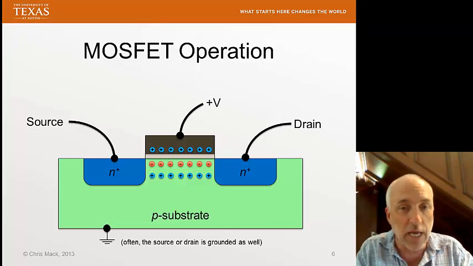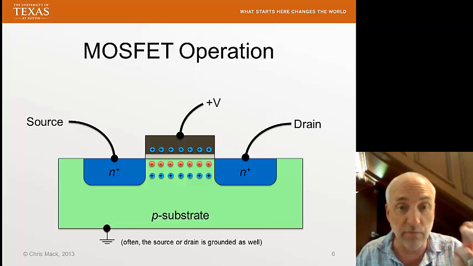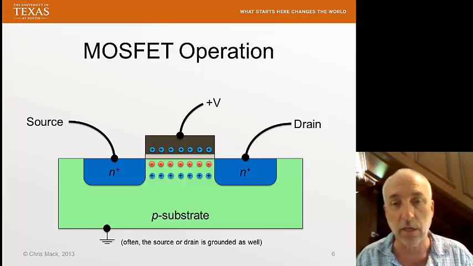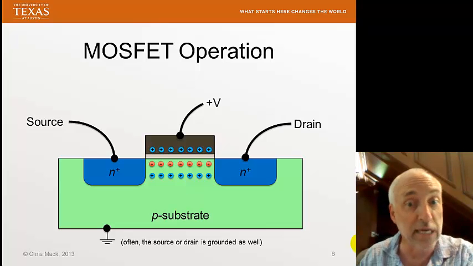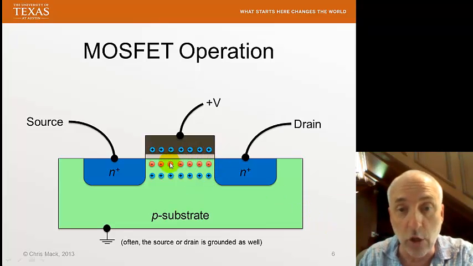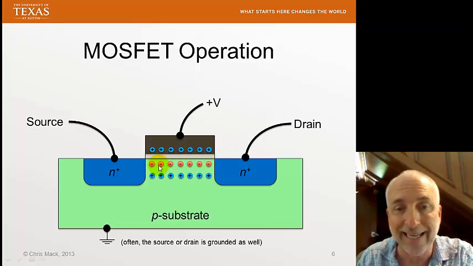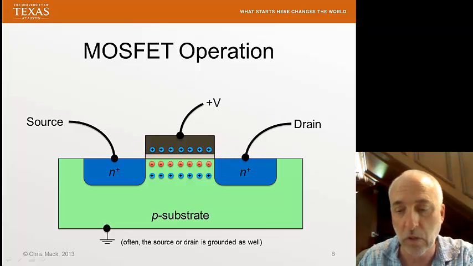But here now, if we have generation and we form an electron and a hole, the gate voltage is going to push the hole away and attract the electron, so that we won't get recombination. Instead, we'll get an accumulation of these mobile electrons in a region just below the gate oxide.